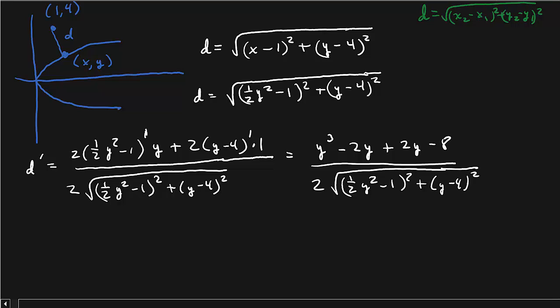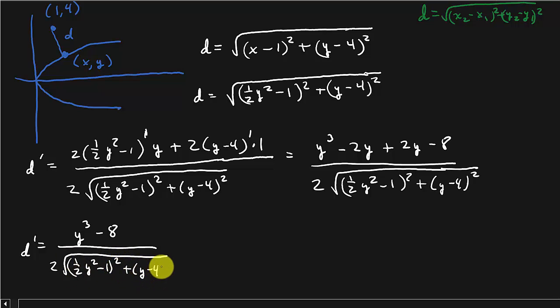All right, so this is going to give us d prime is, well, that worked out nice, didn't it? y cubed minus 8 over 2 square root 1/2 y squared minus 1 squared plus y minus 4 squared.